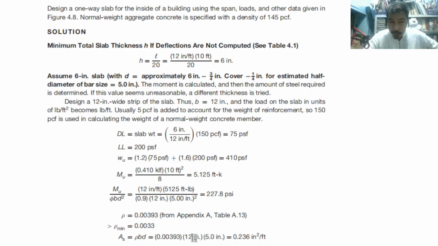So 12 inch is the constant strip. The wide slab is broken down into several pieces of 12 inch strips. Therefore we have 0.236, and use that value.